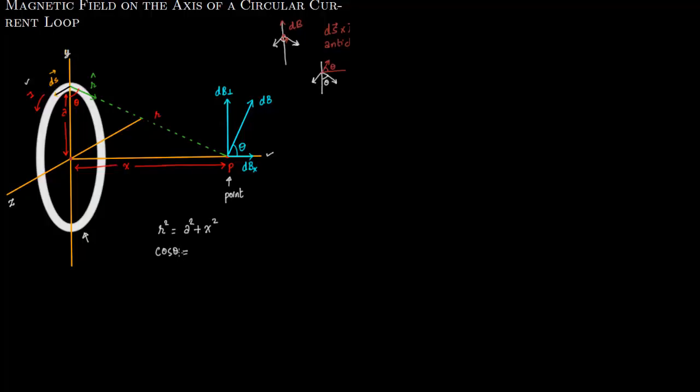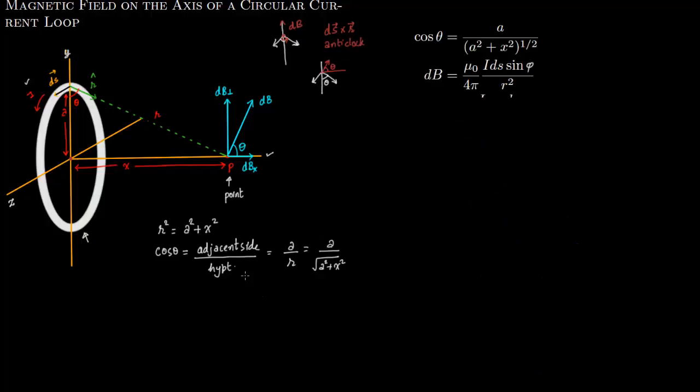Cos theta is equal to, you always say, adjacent side divided by hypotenuse. So adjacent side is a, hypotenuse is r. So this becomes a over square root of a squared plus x squared. And these results we are going to use.